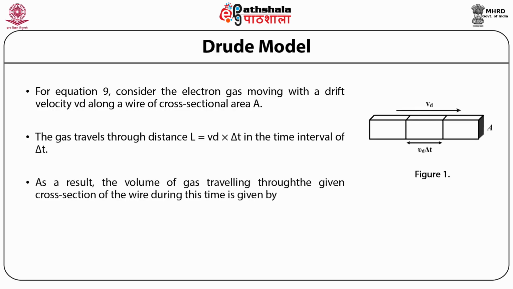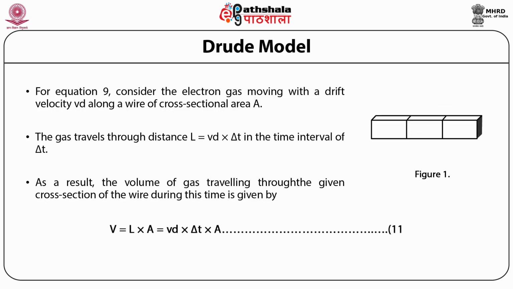As a result, the volume of gas traveling through the given cross-section of the wire during this time is given by V equal to L into A. This is equal to Vd into delta t into A. This is represented as equation 11.